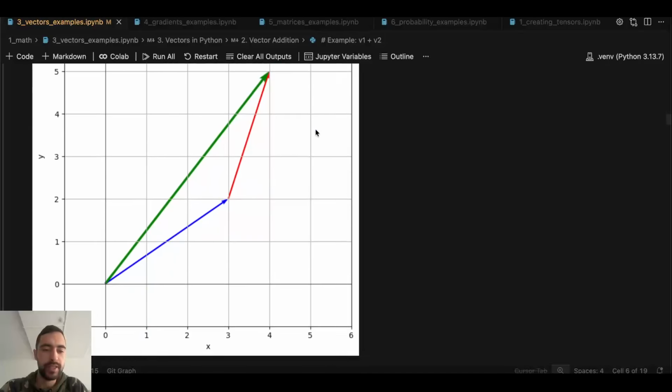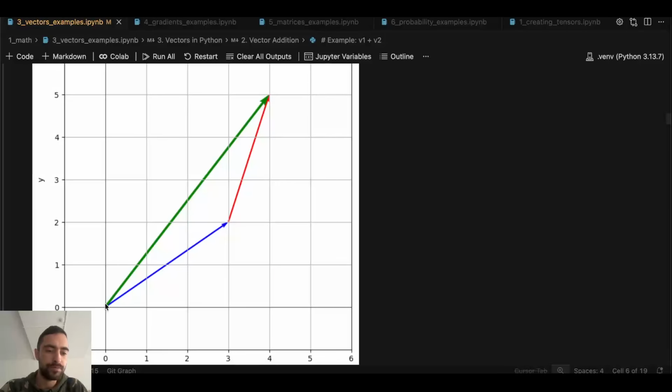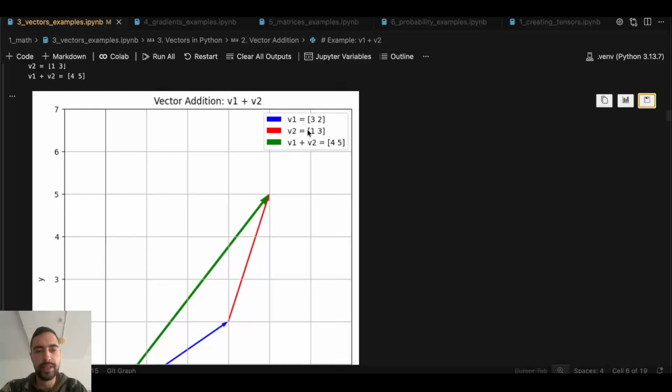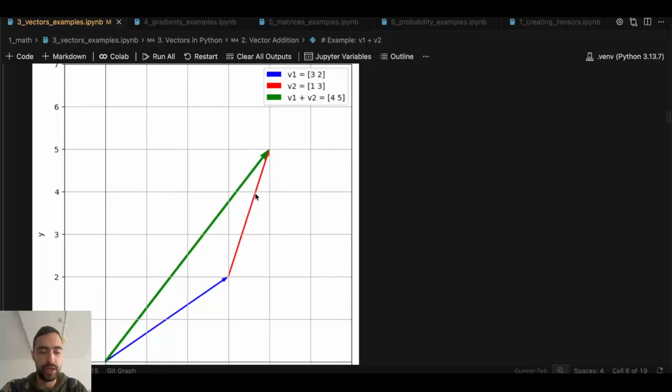This vector would go from 0, 0 to 1, 3 like this. Then we just move this second vector to the end of the first vector. Wherever it ends up, that's our resulting vector. So the resulting vector will be 4, 5. We can draw it from the origin to 4, 5. So that's how you can add vectors visually as well.